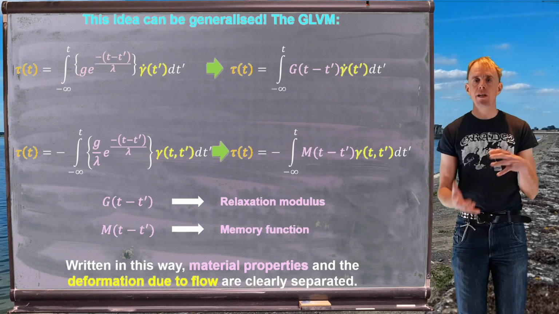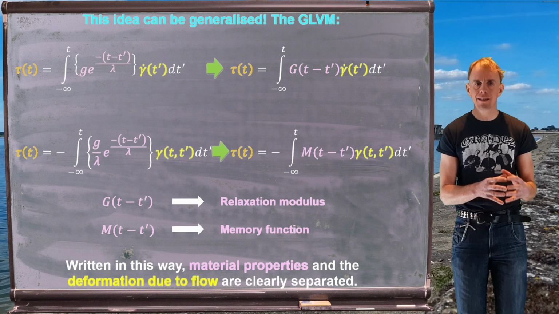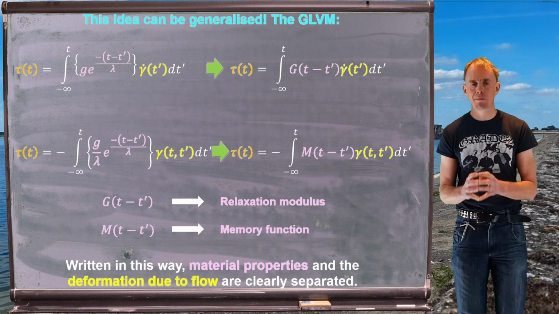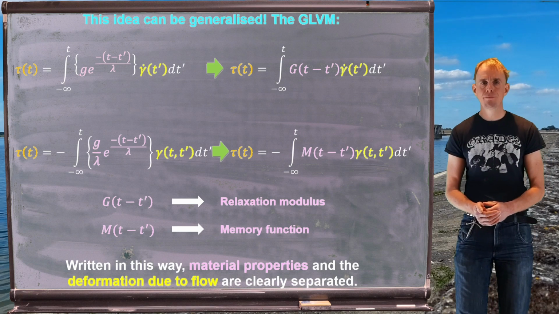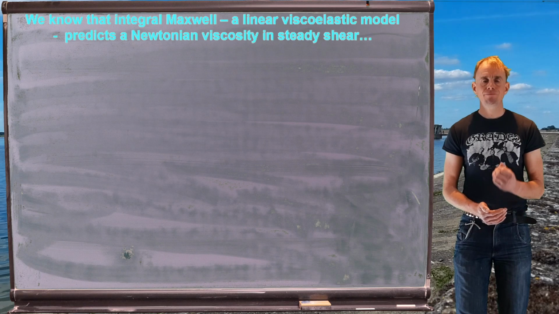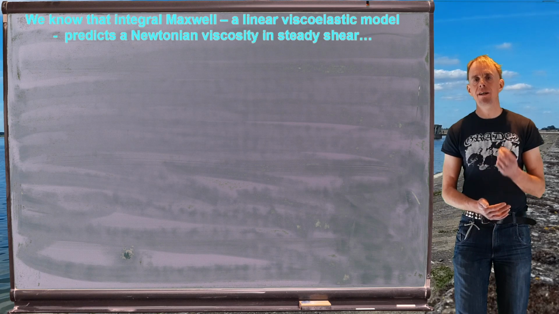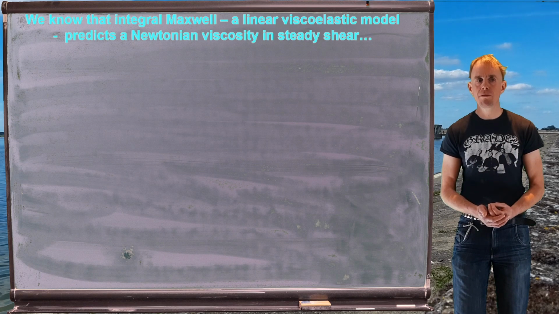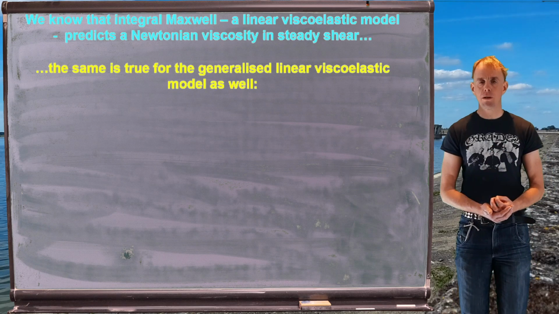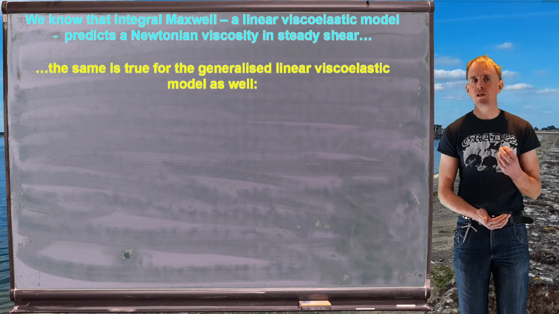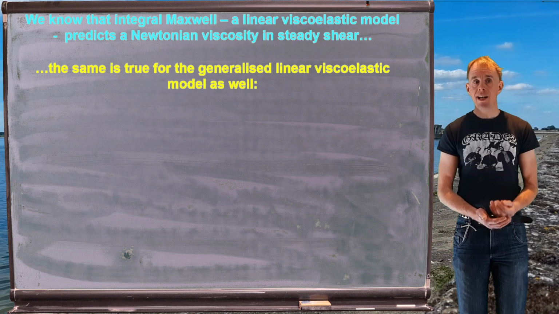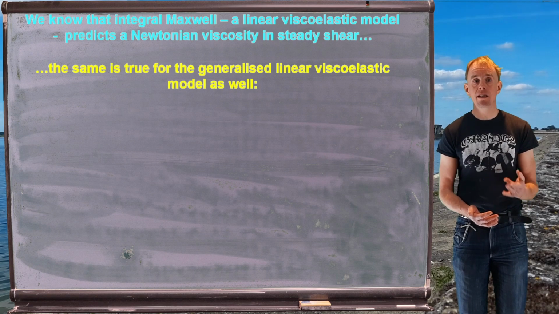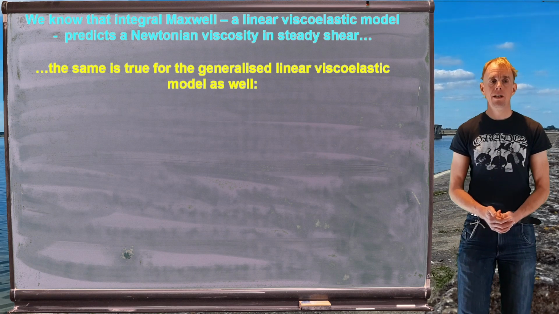And it keeps the material description very clear and distinct from the flow deformation description. Now, remember, these are linear models. We know that integral Maxwell, which is a linear model, predicts a Newtonian viscosity in steady shear, and the same is absolutely true for the linear viscoelastic model as well.